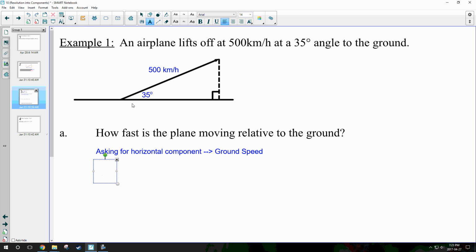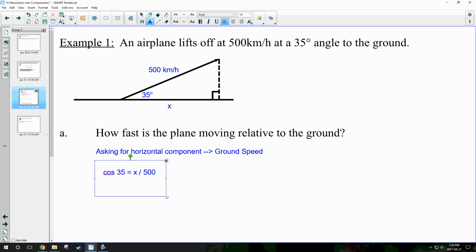To figure out this horizontal component, let's call that one X in our diagram. The X is adjacent, that's alongside the angle. The 500 kilometers is the hypotenuse because it's the one across from the 90-degree angle. So we know that we're going to use cos. So cos of our angle 35 is equal to our adjacent X divided by our hypotenuse of 500.